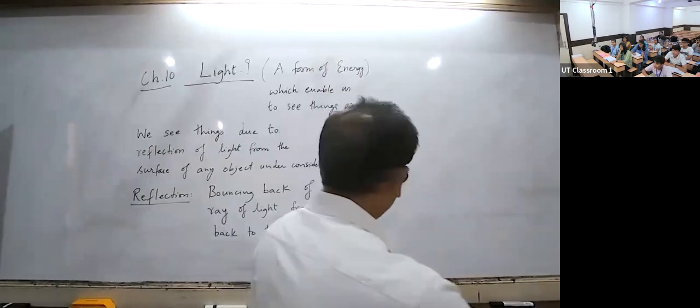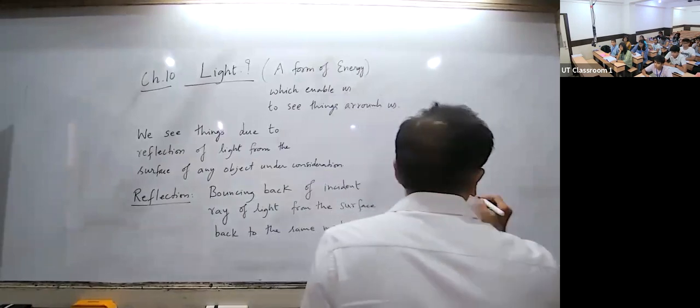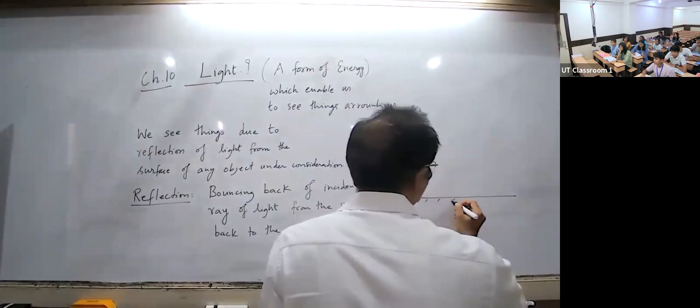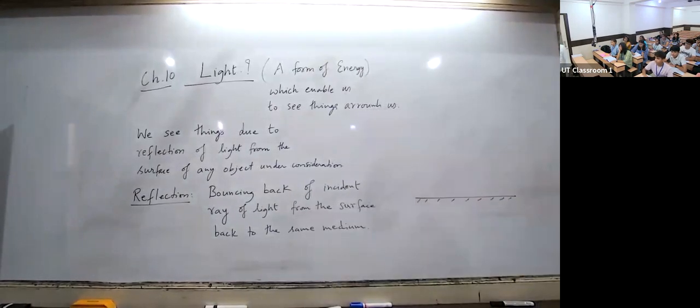Okay. So let us say, for example, we have a plane surface like this. Now this plane surface is, let's say, a plane mirror. So what kind of a surface is it? Plane surface.